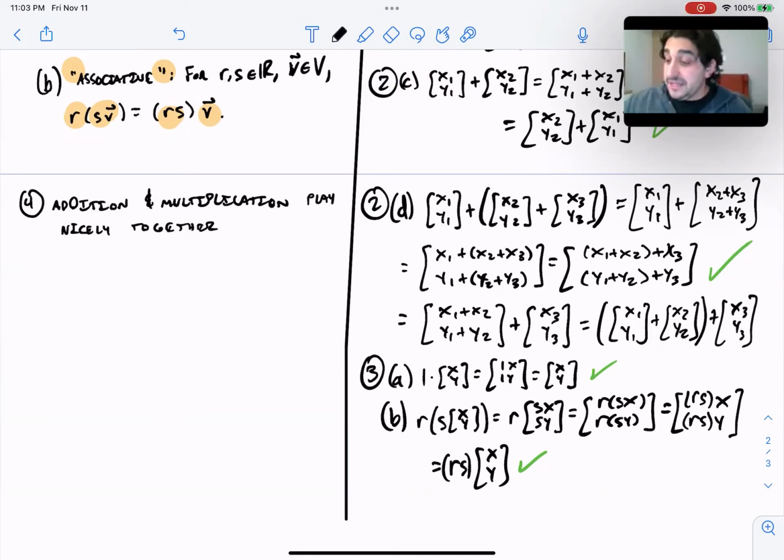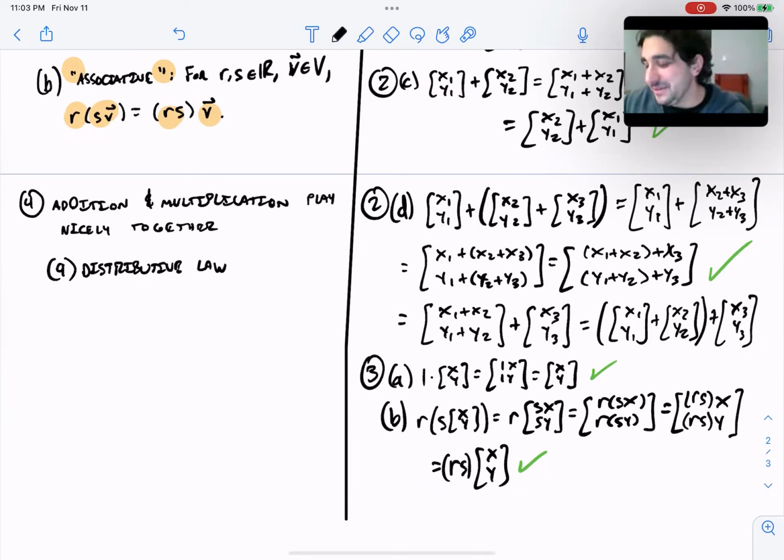Then we have that addition and multiplication must play nicely together. What is that called? More formally, that's called the distributive law. The distributive law describes how addition and multiplication interact. Here, though, we have two different distributive laws.